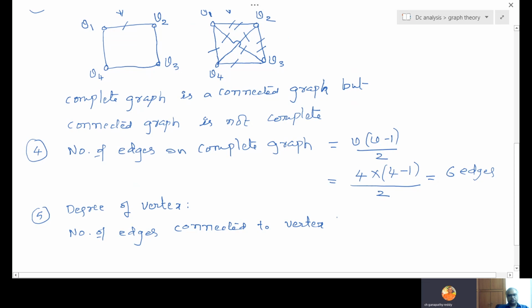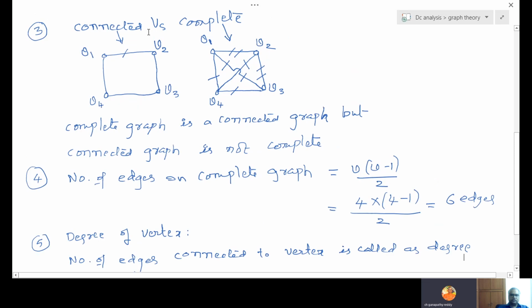Number of edges connected to vertex is called as degree. So what is the degree at V1? 3. Here it is connecting 3. V2 also 3. V3 also 3. V4 also 3.